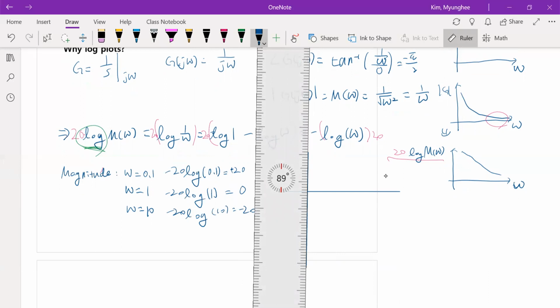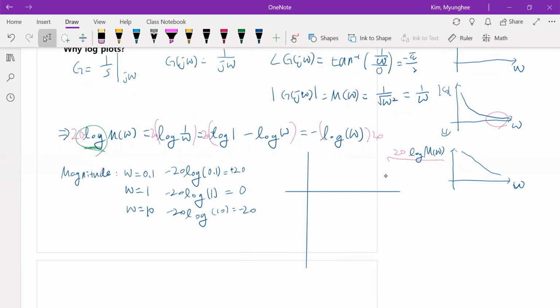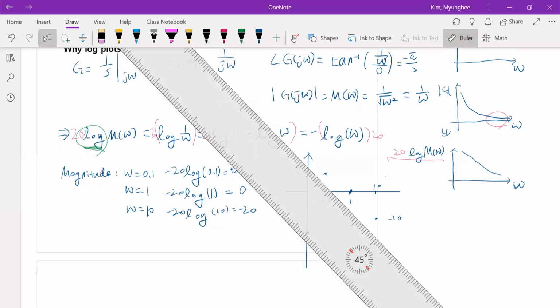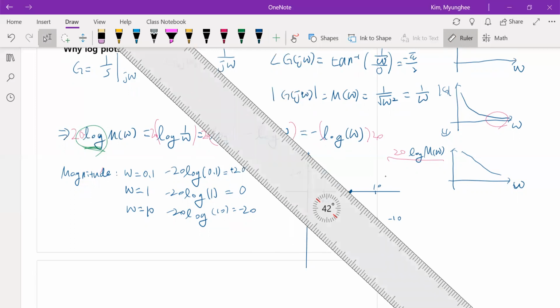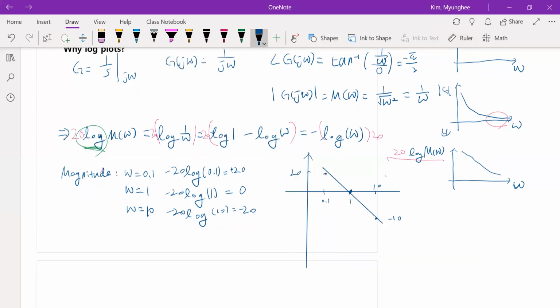Let's see. So around omega equals 0.1, the magnitude is about 20 for the system, and at omega equals 1, the magnitude is 0, and at omega equals 10, the magnitude is negative 20. So we know the plot will be a line, something like this line. Say this is 20, and then this is negative 20.